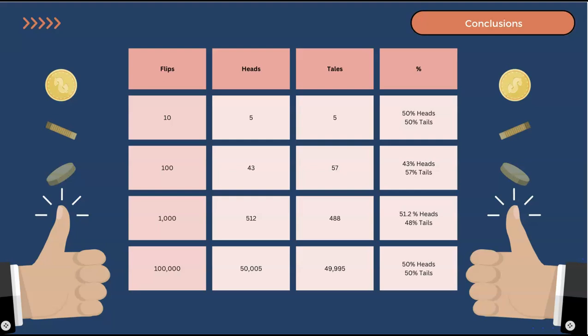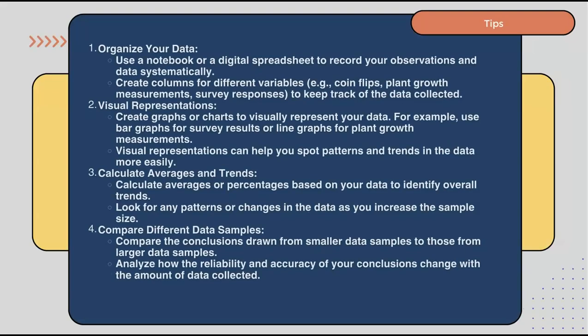So we have a final result of 50% heads and 50% tails. And since we collected so much data, 100,000 times is pretty good, we can trust in our conclusion of 50-50. Now let's look at some tips that you can use when you're gathering your own data.